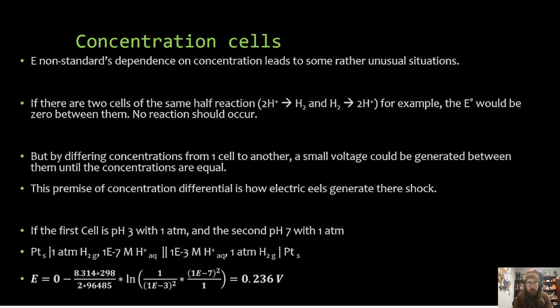So in this case, we have 10 to the negative 7th on top, squared, and 10 to the negative 3rd on bottom, squared.